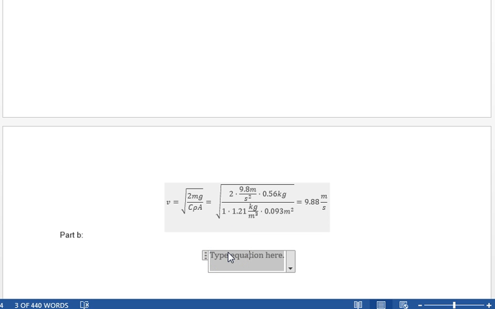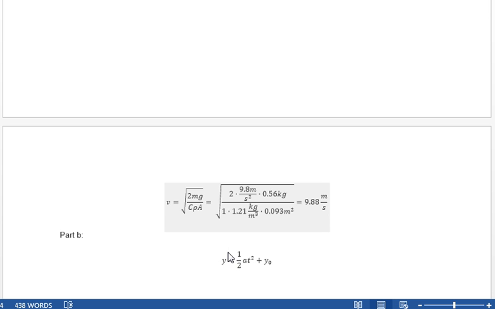So we know y equals 1/2 a t squared plus the initial position y naught. V naught in this case is 0 because you start from rest. The y when you hit the ground is 0.